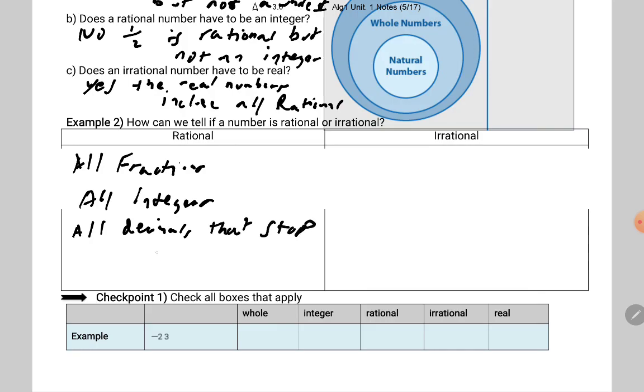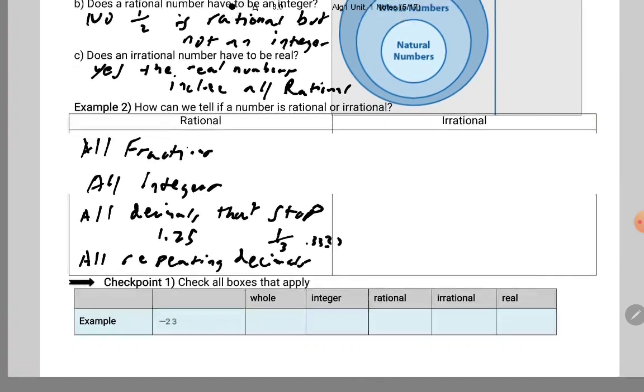And what I mean by stop is 1.25, not 1.25678 ... So all decimals that stop, and all repeating decimals. And I'll give you an example about that. So let's say we have 0.33333 repeating. That's the same thing as 1/3. 1/3 is a fraction, so that is a rational number.